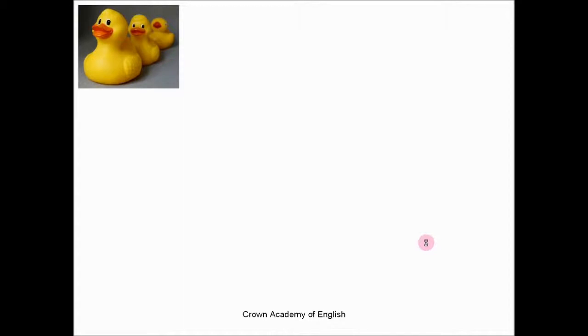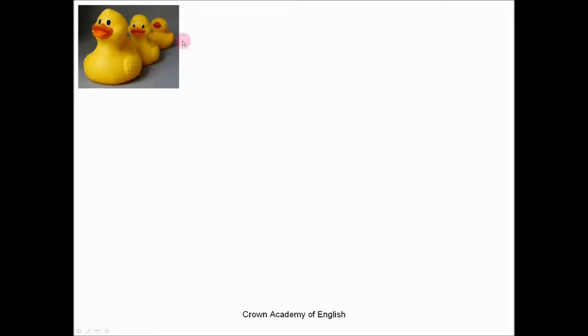So, in this photograph, we can see there are 3 yellow ducks. This duck is yellow, the first one. The second one is yellow. The third one is yellow.